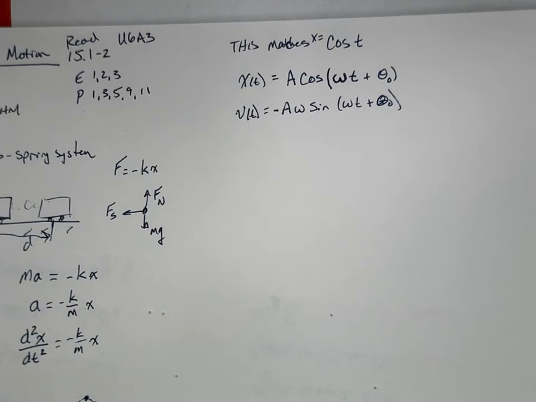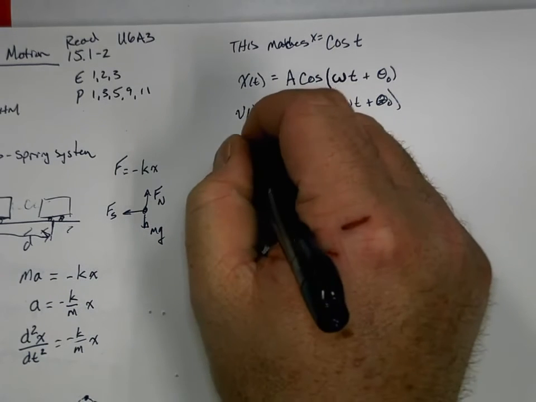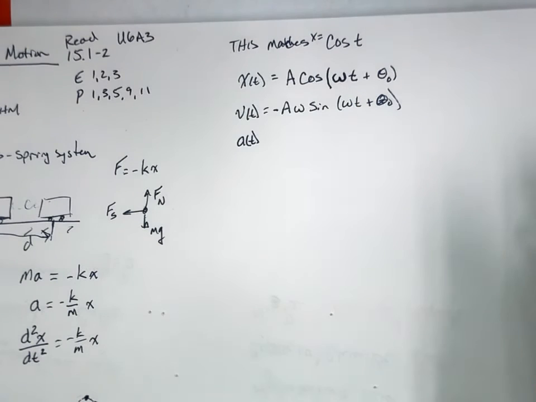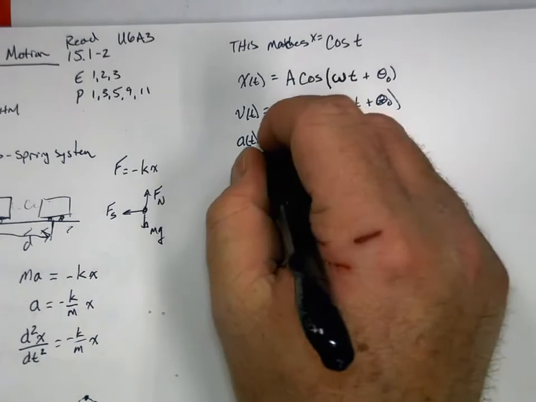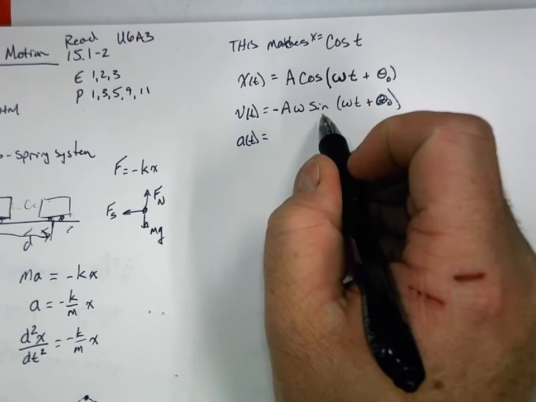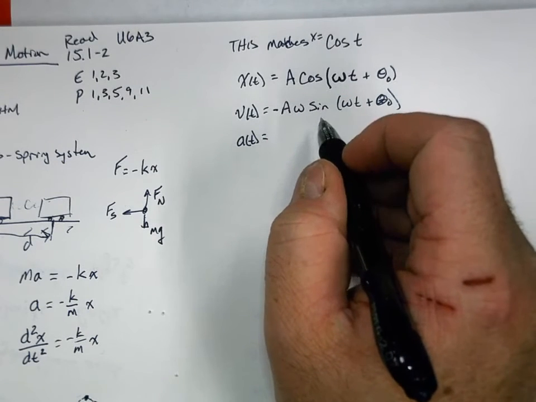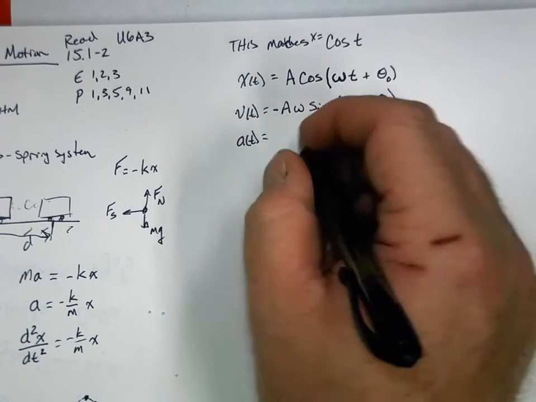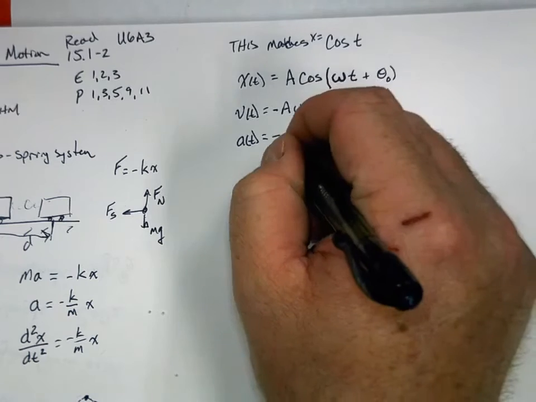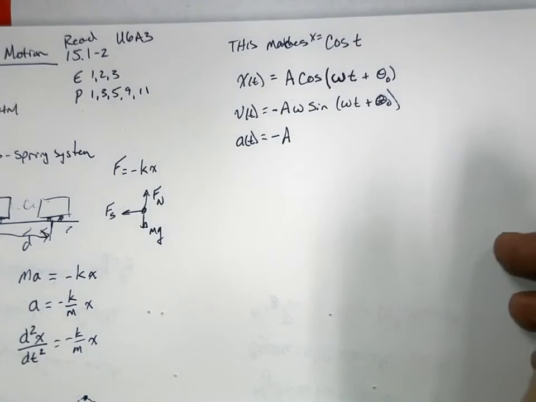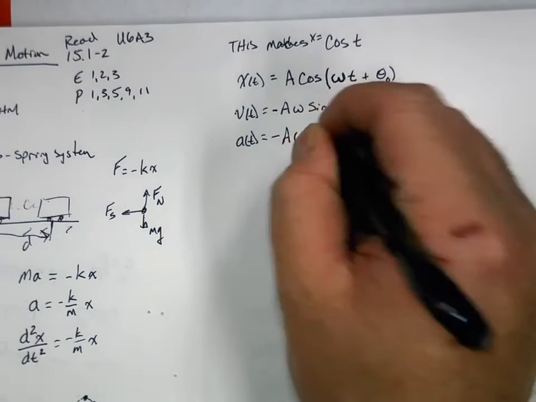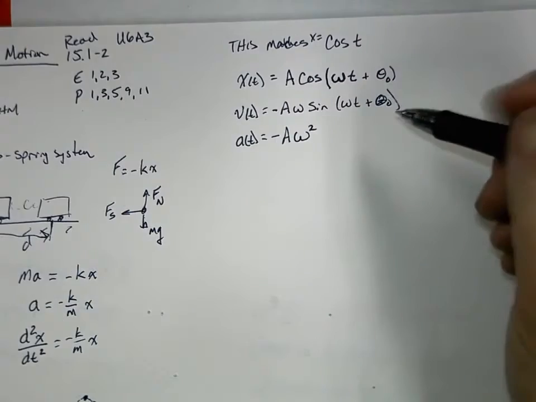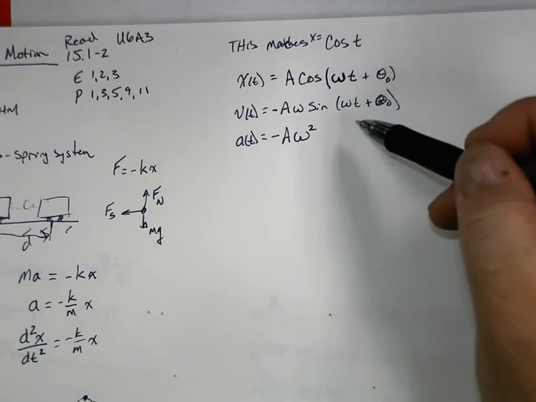To find the acceleration, we do it again. The derivative of sine is going to be cosine, but if we have the negative up front, it doesn't change the sign, so it's still going to be negative. That's still going to be A. That A doesn't change. But now we have an omega squared, because we take the derivative of the inside.